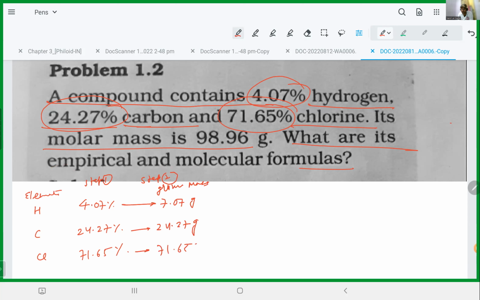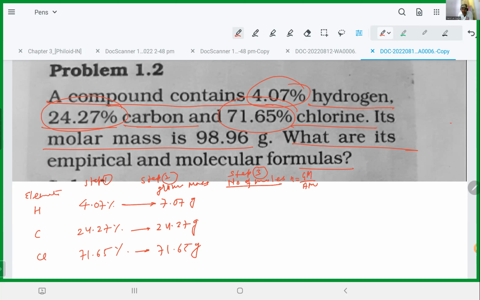Now after gram mass you need to calculate step number three. What is step number three? Nyasa, can you tell me? You divide it by the lowest. Number of moles. So number of moles n is equal to given mass upon atomic mass.